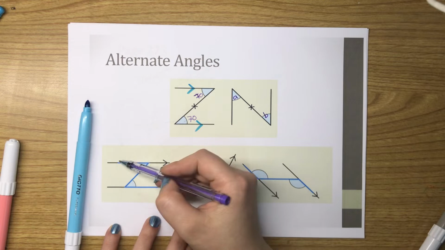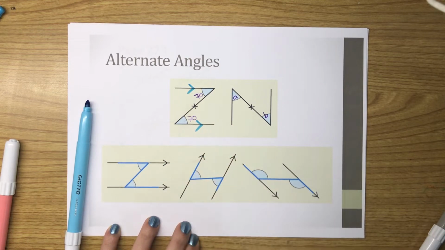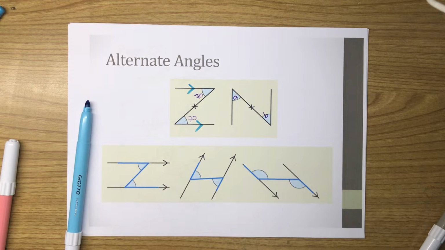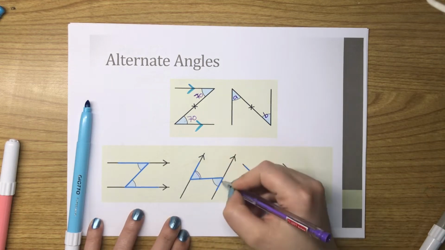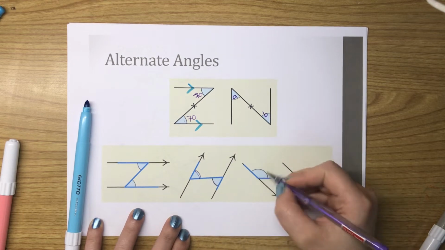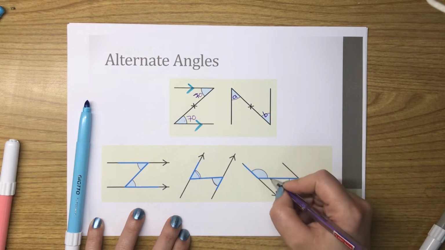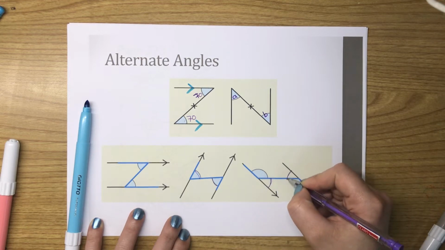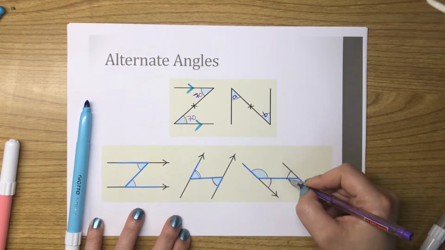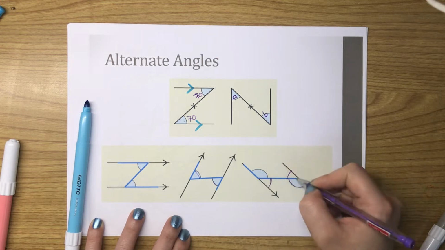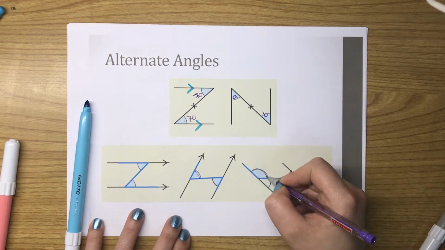Can you see the shape? Here it is, the Z shape. The alternate interior angles. Okay, here's the Z shape. Another Z shape for the opposite way. The large angle, not this one, this one is alternating. Again, this obtuse angle is alternating with this one.